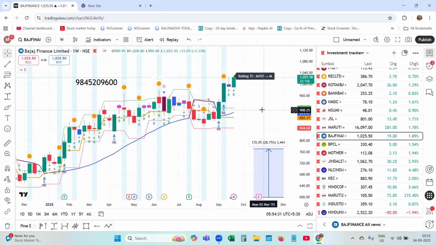You can enter early. Here you can see the price was going sideways, from the month of May till June, July, August, it was sideways.